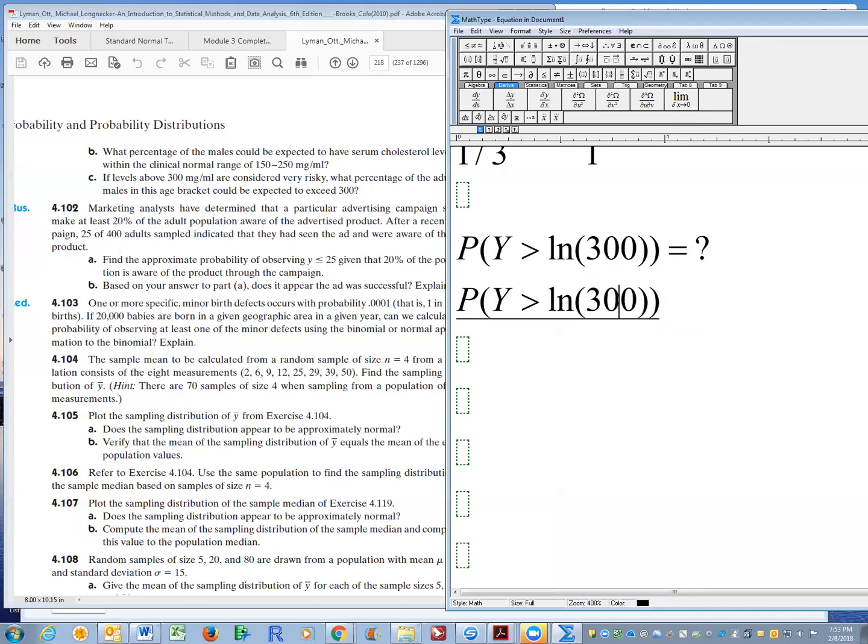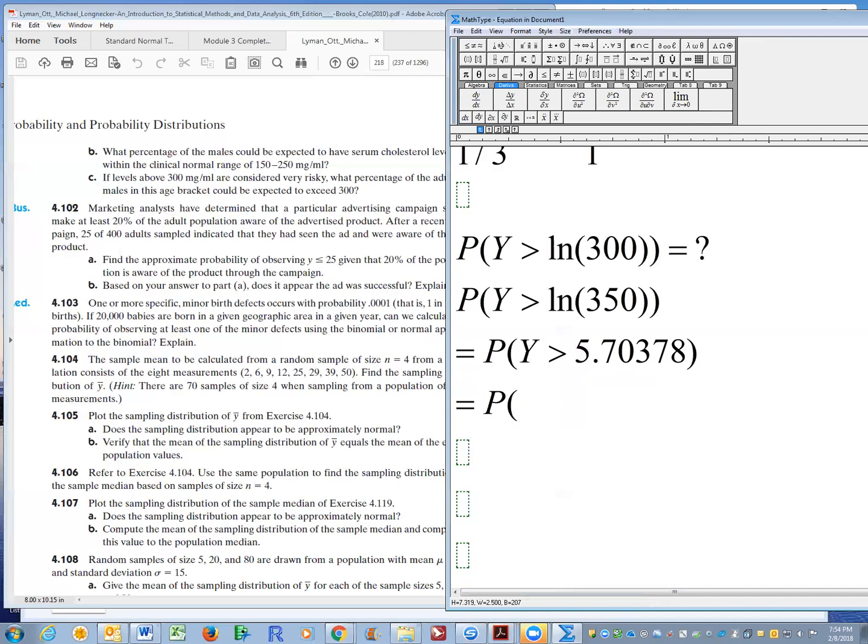So if I do the natural log, 5.7037. Okay, so that equals 5.703, and if you round it, that's an 8. Correct. Yes. There you go. Okay. So if we go that far out, now try to standardize it.